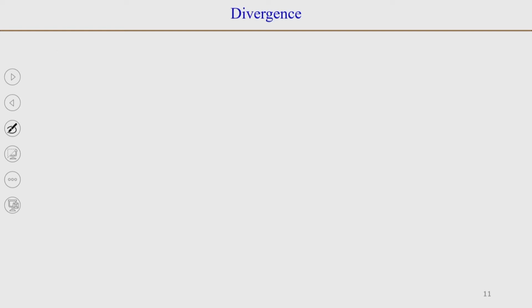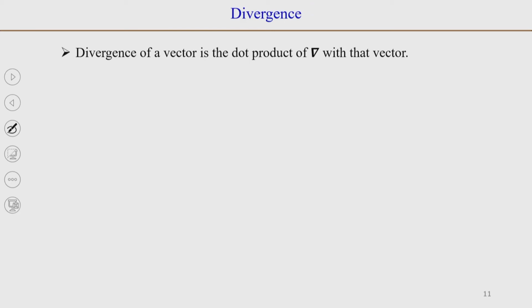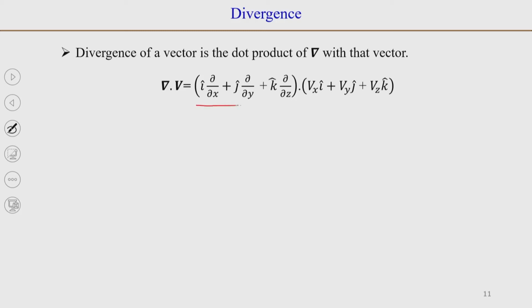Now, the second thing is divergence. Divergence is when we operate the del operator on a vector in terms of a dot product. So, when we take the dot product of the del operator with a vector, we get its divergence. The del operator, we know, in the Cartesian coordinate system is i del by del x plus j del by del y plus k del by del z.